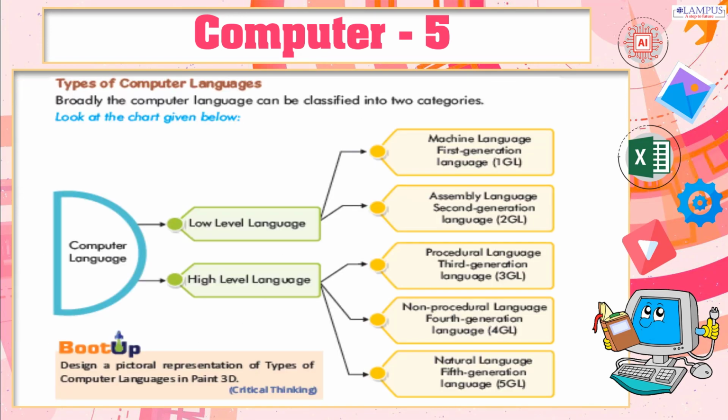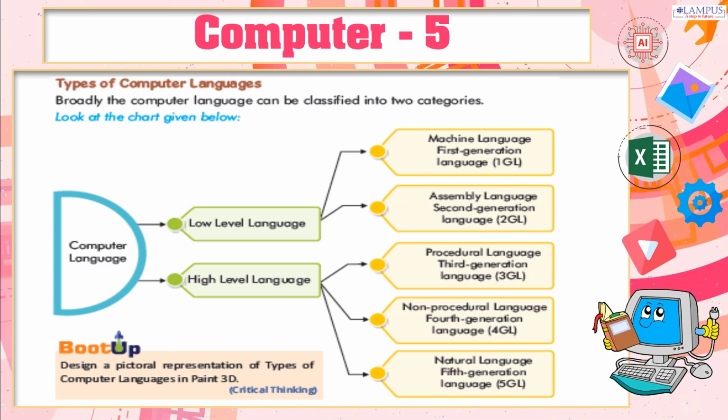Types of computer languages. Broadly, the computer language can be classified into two categories. Look at the chart given below. Computer language. Low-level language: machine language, first generation language, 1GL. Assembly language, second generation language, 2GL.